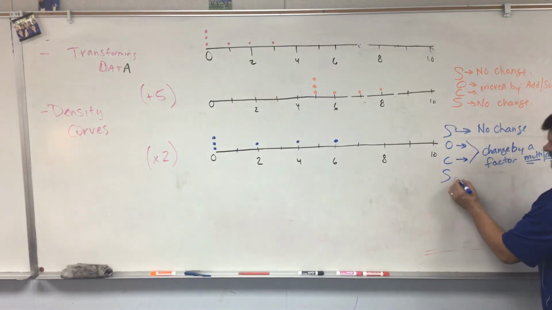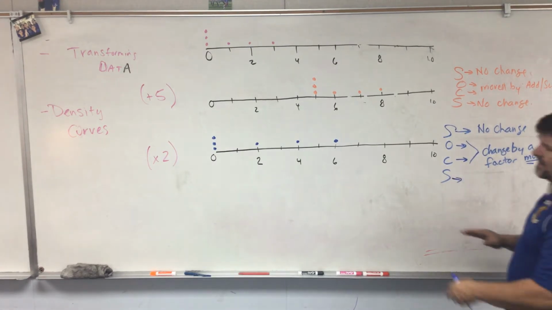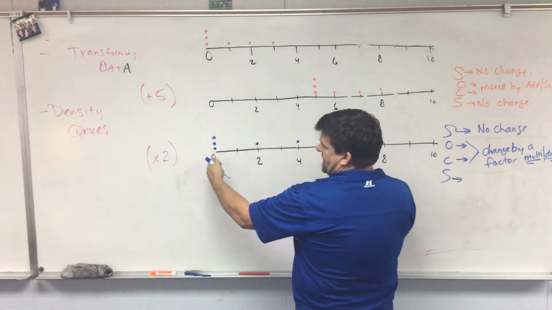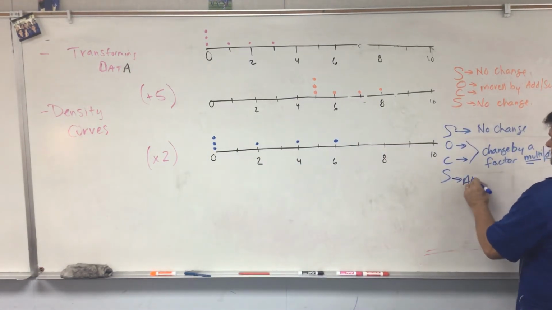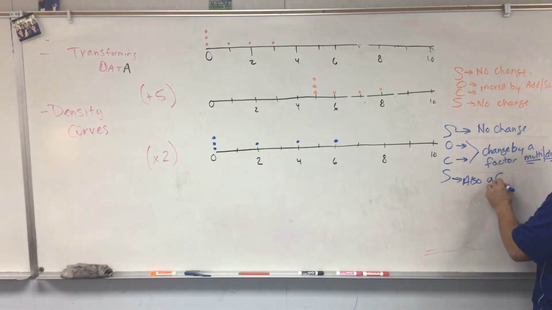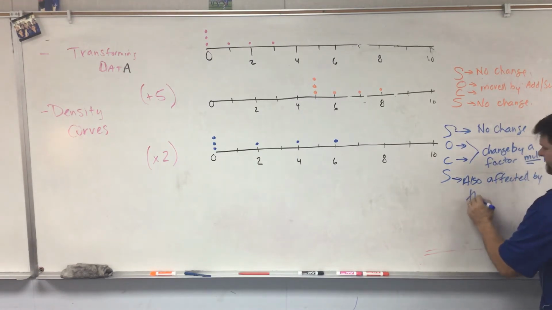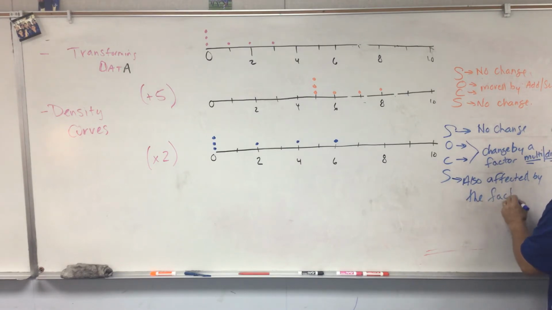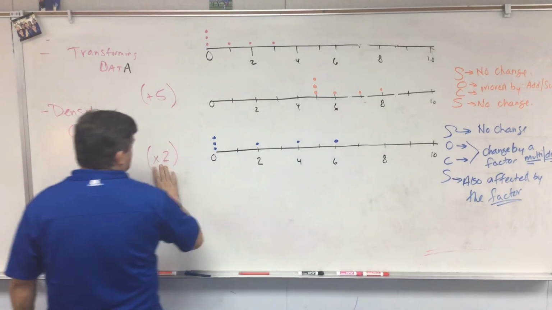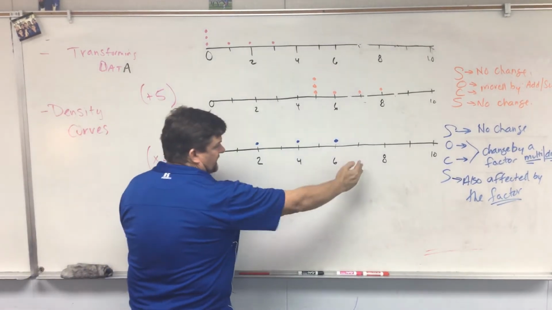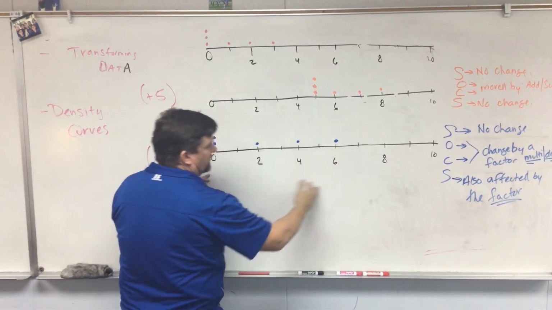And then if we're talking about spread, the spread is also affected by the factor, whatever that factor is. What I mean by a factor is, I'm multiplying by 2, so the spread is going to increase by 2. The IQR is going to increase by 2.